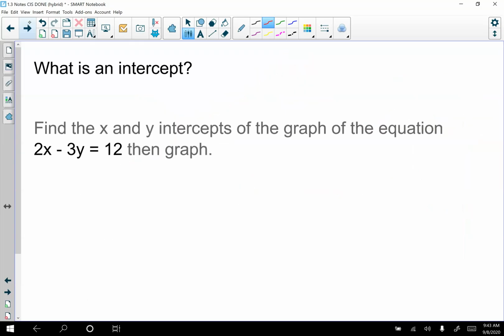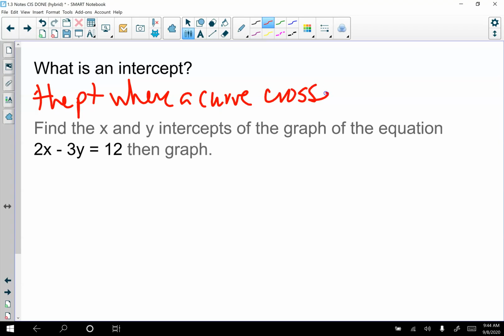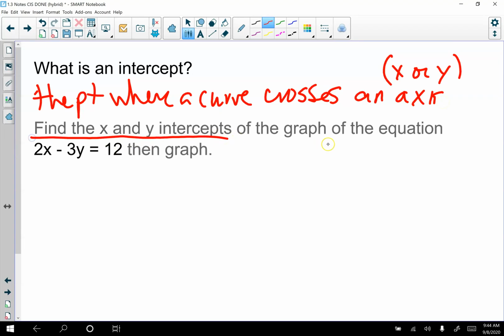What is an intercept? An intercept is the point where a curve crosses an axis, whether it's the x or the y-axis. So if I was going to find the x and y intercepts of the graph of the equation, then graph, you're not going to change this into slope-intercept form.